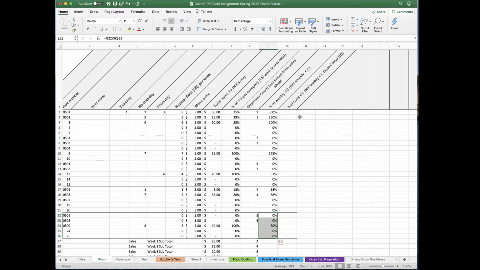So it's a way, so it doesn't matter how many people you've served, you're still going to figure out what percentage of people bought that soup, which ultimately then gives you what your best menu items are.